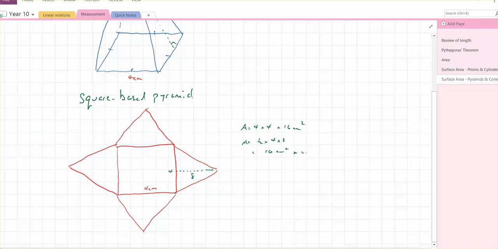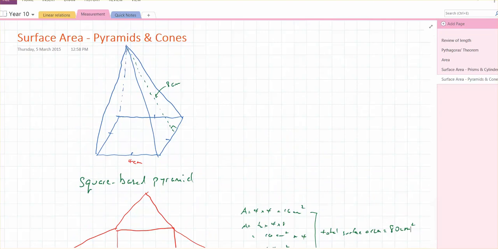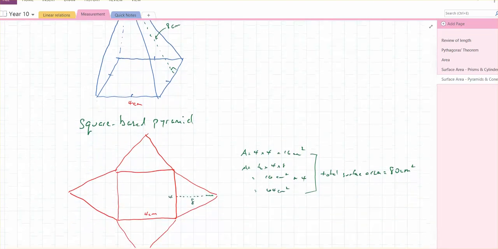We times that by 4, 1, 2, 3, 4, to get 64 centimeters squared. We add the 16, so our total surface area will equal 80 centimeters squared in this case. Alright, so that's how to go about finding the surface area of a pyramid.